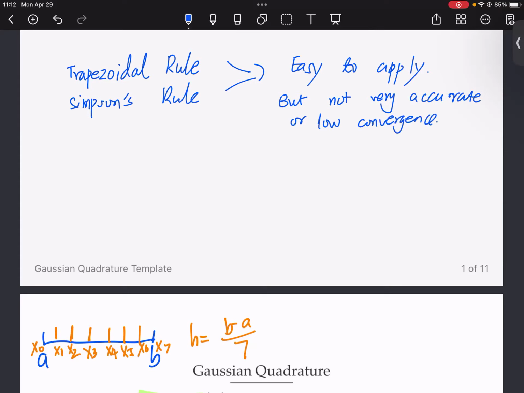And so people came up with the Clenshaw-Curtis scheme, and this one has fast convergence.